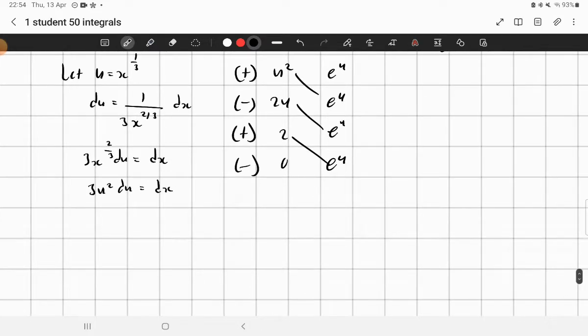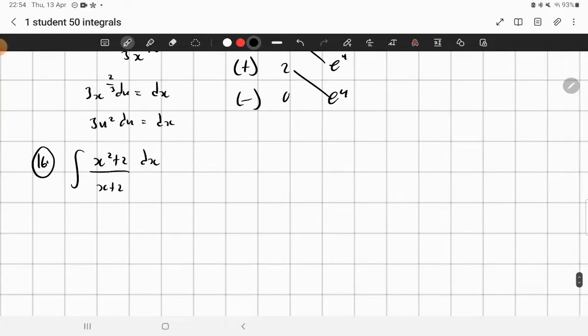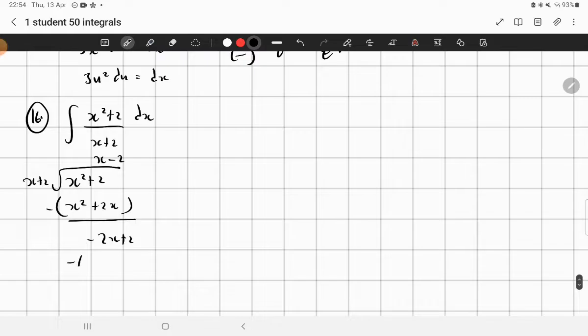Alright, so question 16. They gave us, this is very cool, the integral of x squared plus 2 over x plus 2 dx. By using long division, we know that this is an improper fraction, so you have to make it proper. Therefore, by long division, it will be x, then x squared plus 2x, you will have negative 2x plus 2, and you could simplify it further, negative 2x minus 4, so 6.